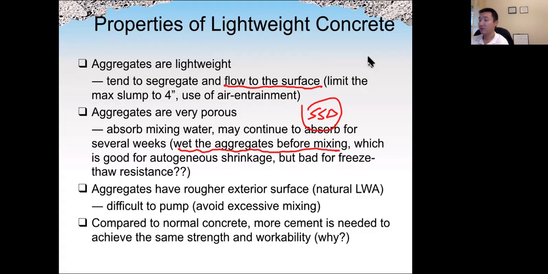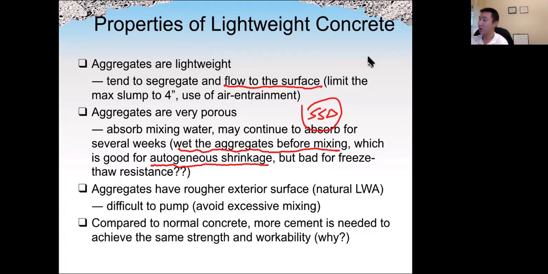This is very good for reducing potential autogenous shrinkage, because in autogenous shrinkage, the cement paste will absorb moisture from outside. But because the cement paste is so dense, curing is not very effective.